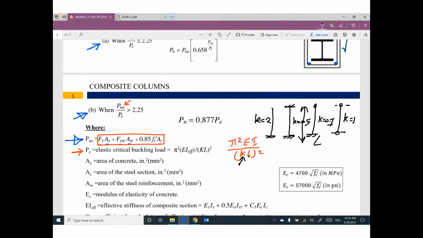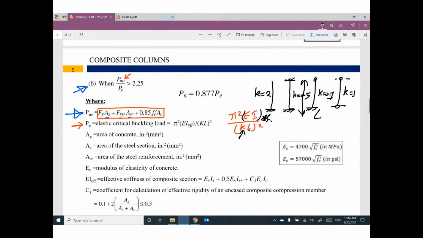That makes sense. Pi squared, EI. We will use EI effective because we have 3 parts. The effective stiffness of the composite section is equal to E steel I steel, plus 0.5 E steel I reinforcement, plus C1 E concrete I concrete. Most of the time, we can neglect the term for reinforcement.